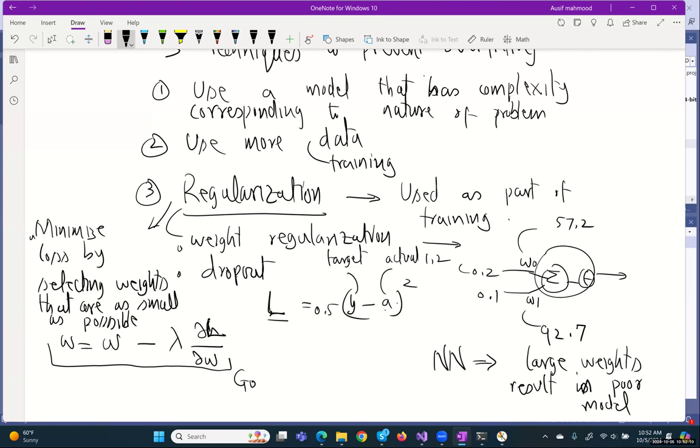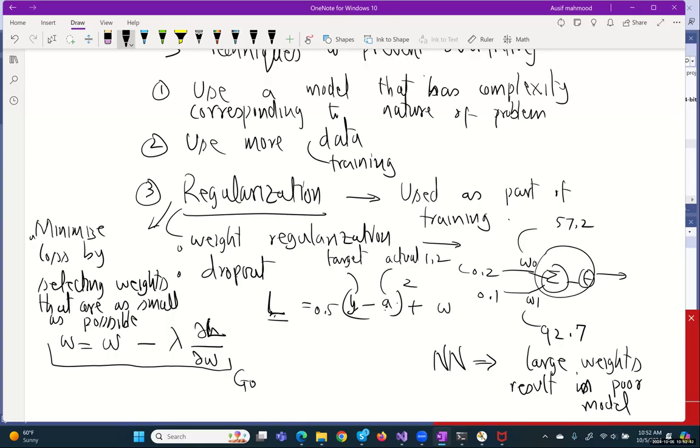It's trying to come up with those weights which will make the actual the same as the target. Because then, if they are equal, the loss becomes zero, right? So now we still want to accomplish this in regularization, but such that whatever weights make these two equal are also very small. They're not large.